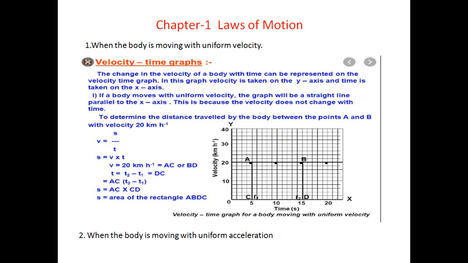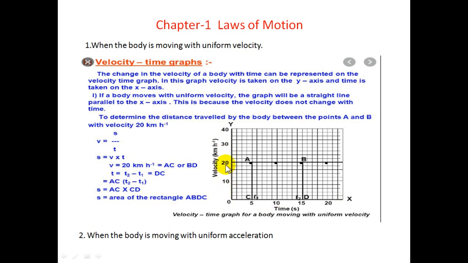There is no change in the speed, no change in the velocity, when we are discussing uniform speed, that is, the body is moving in a uniform motion. At that time also we saw that the line runs parallel to the x-axis. It means there is no change in velocity.